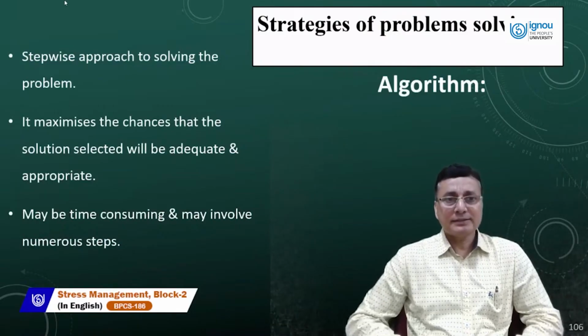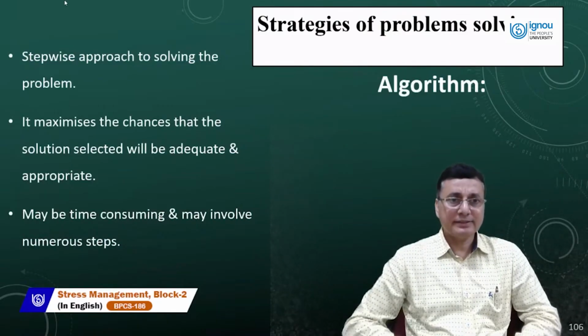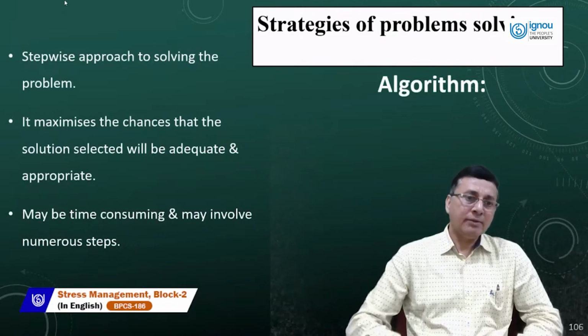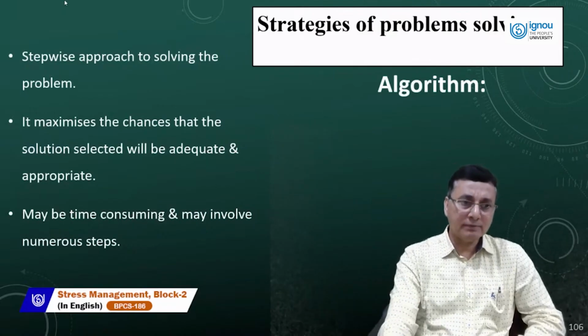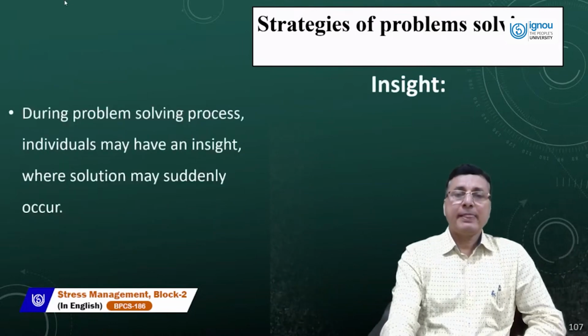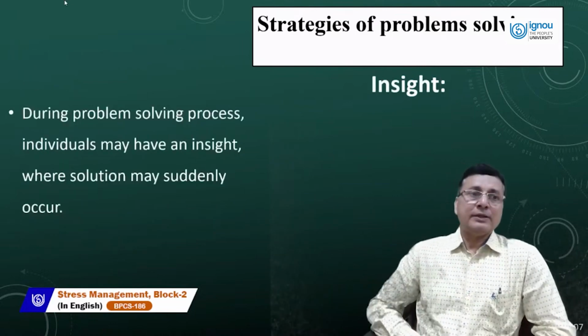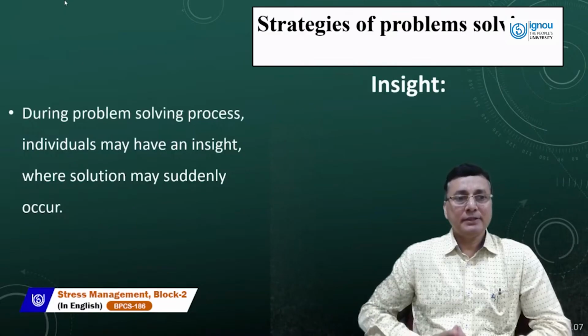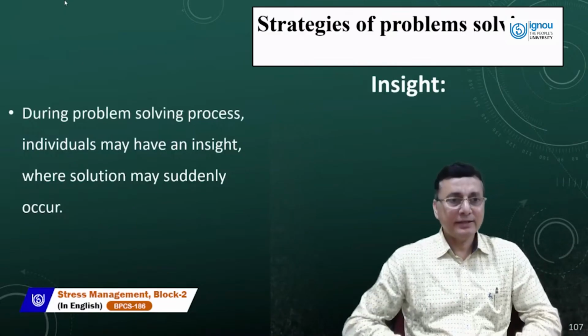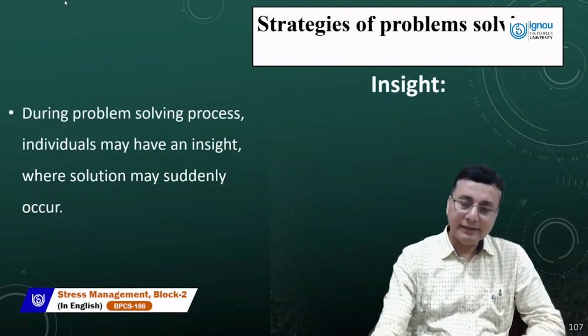It maximizes the chances that the solution selected will be adequate and appropriate, may be time consuming, and may involve numerous steps. Insight. During the problem solving process, individuals may have an insight where a solution may suddenly occur.